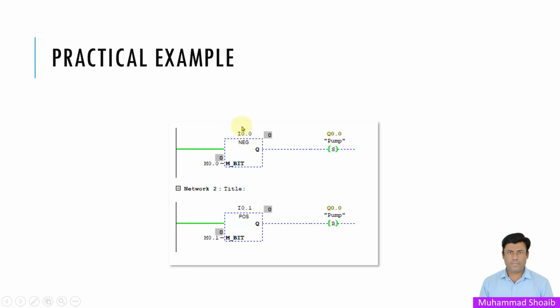So once the input changes from 1 to 0, in that case it will start the pump. And similarly, once the positive transition edge, from 0 to 1, happens, at that time it will stop the pump.